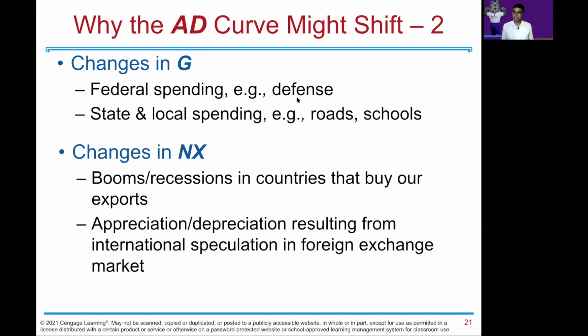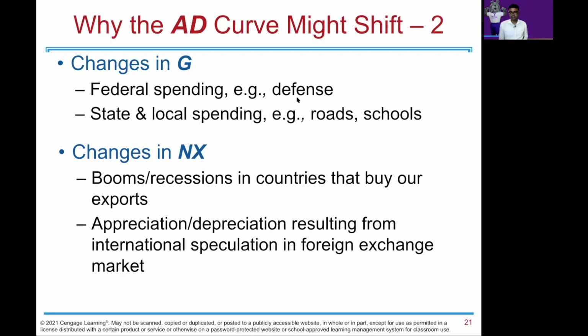Changes in G, like federal spending, for example defense expenditure, increase or decrease, could affect your G. State and local spending, like roads and schools, could shift your aggregate demand curve. Changes in net exports: booms and recessions in countries that buy our exports. If you have a recession in Europe or in Asia or some other countries, that could affect US net exports.